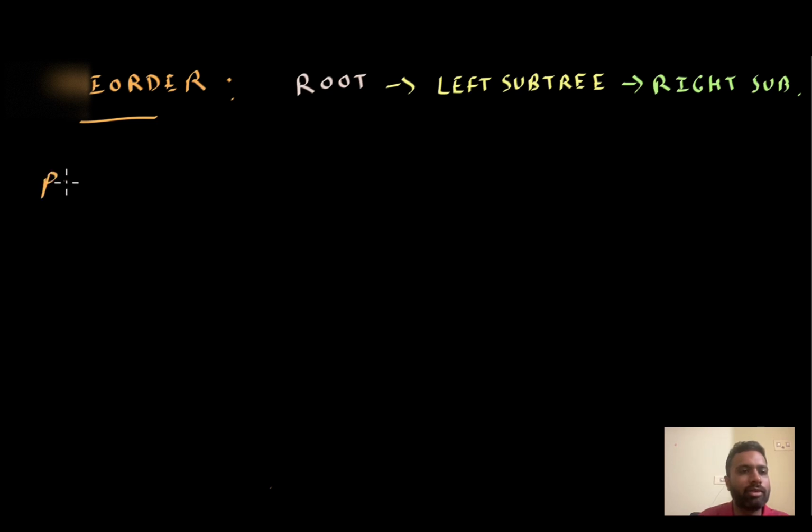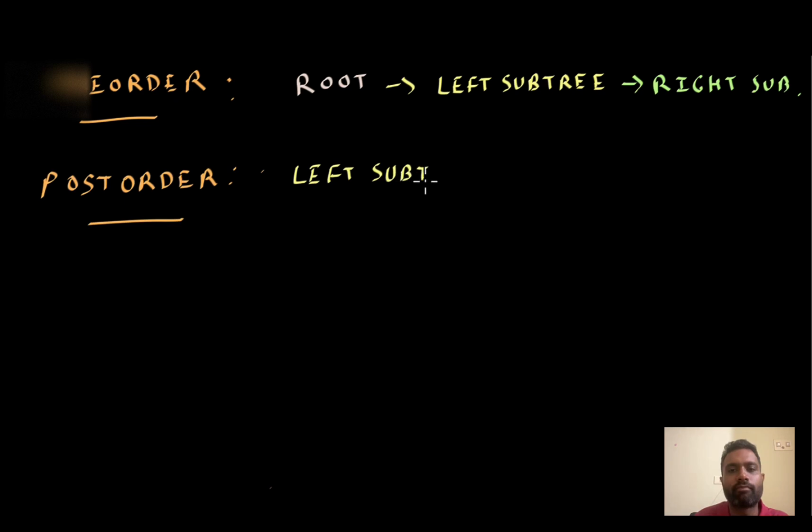Please note the sequence of post-order traversal. What will be the sequence? First it will explore the left subtree actually. So first it will go for left subtree. Then it will explore right subtree. And then at last it will explore the root.